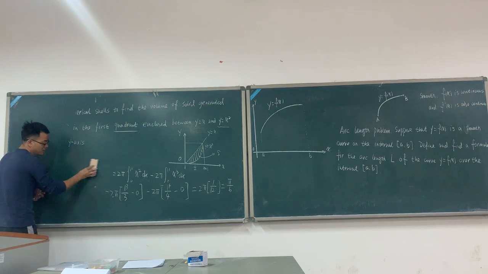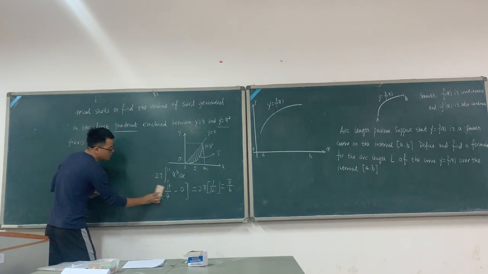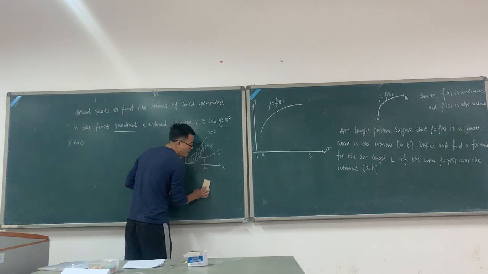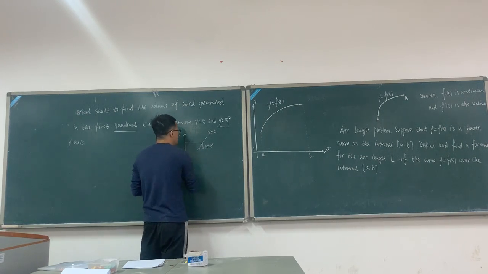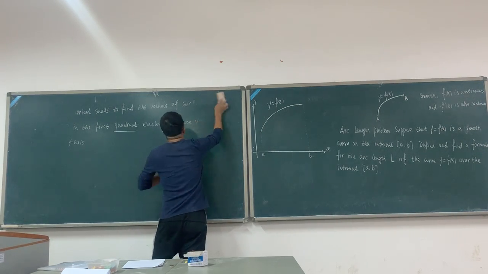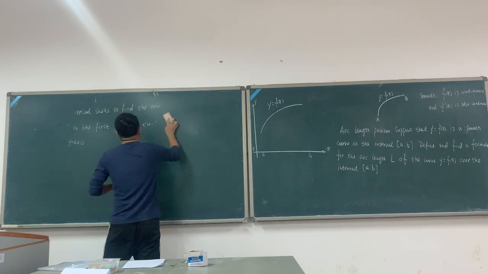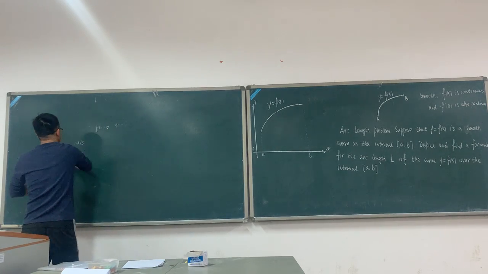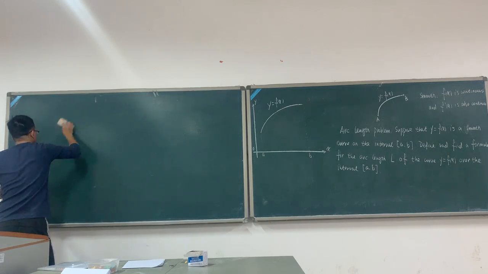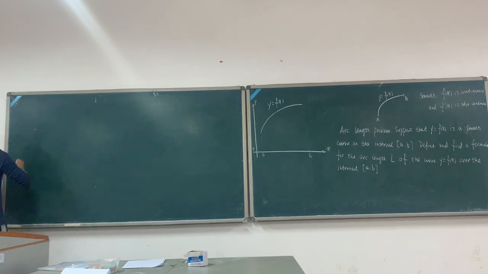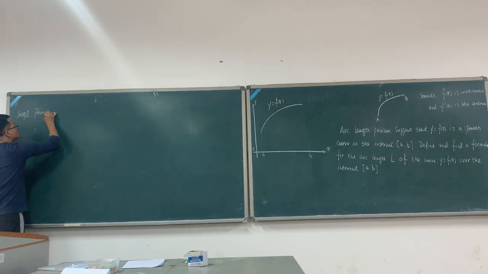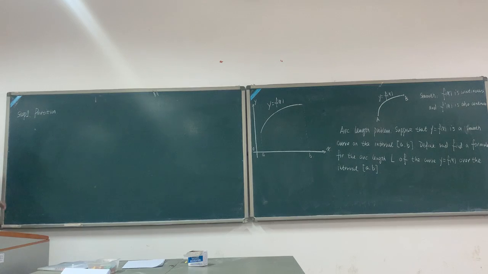We use these three steps to find the formula of the arc length. So step 1 is the partition.